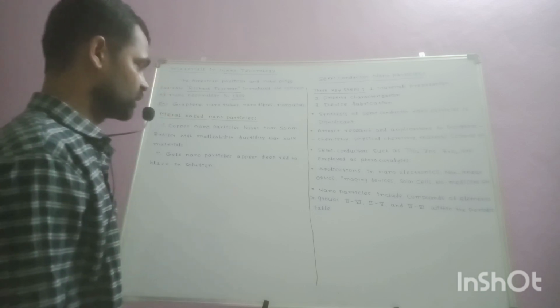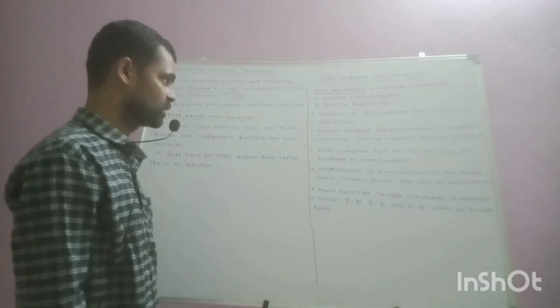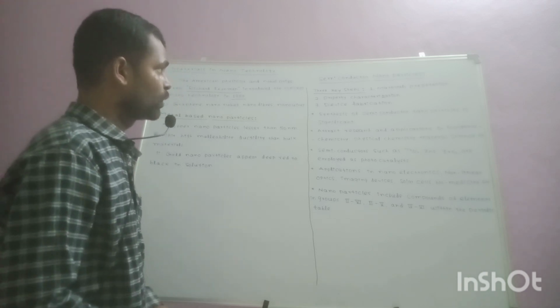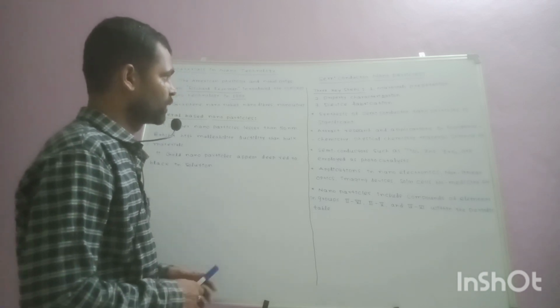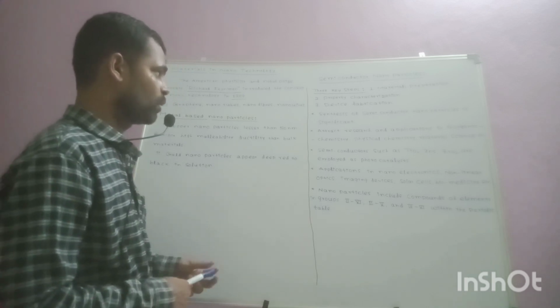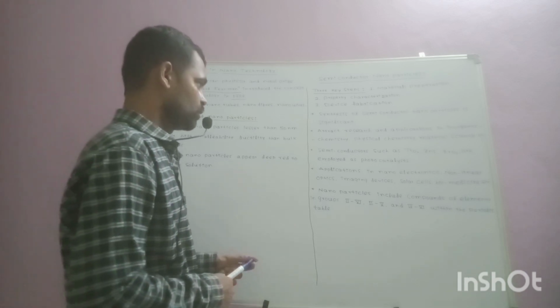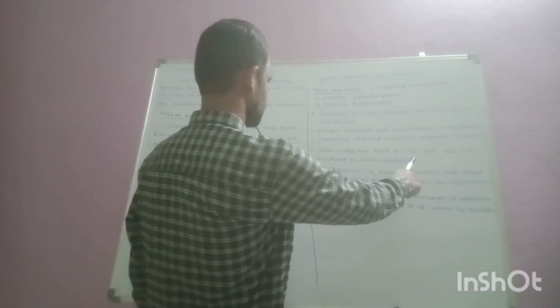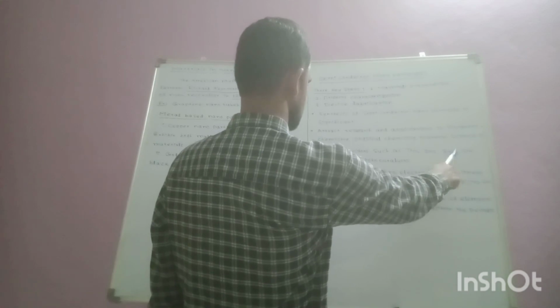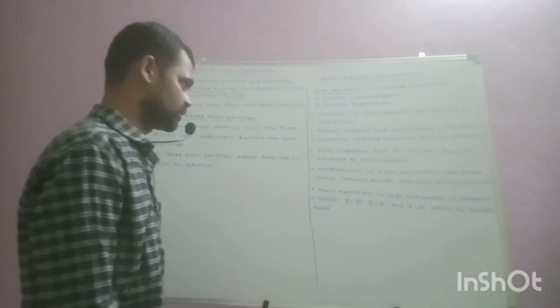Then in the next step it is fabricated by different manufacturing methods. Synthesis of semiconductor nanoparticles is significant, means important. Here titanium dioxide, zinc sulfide, zirconium oxide are employed as photocatalysts.